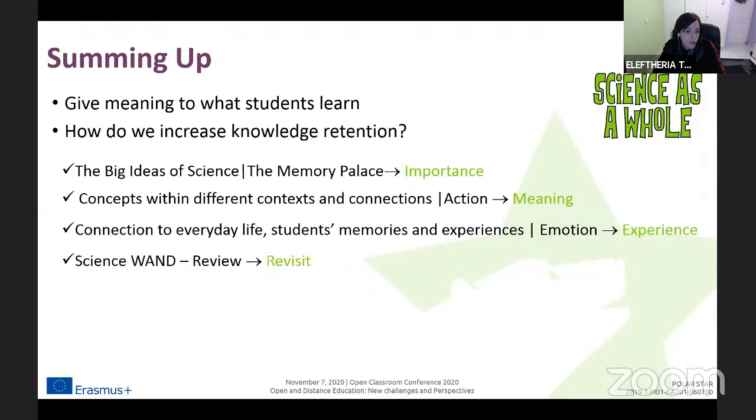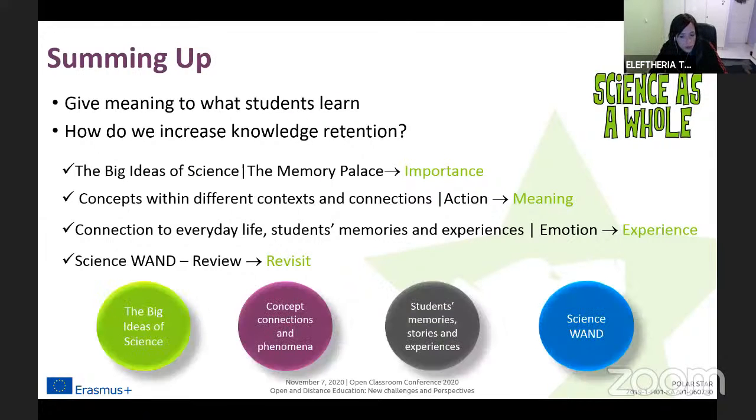And we offer a concrete way of really revisiting not just the concept itself, but the whole experience of learning the concept through the science wand, either the digital version or the analog version. So we have these 3 methods that I talked about that are all summed up in the science wand, or the 2 simple tools that I just showed you.